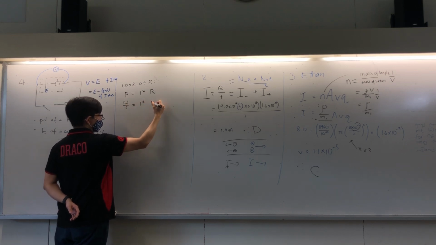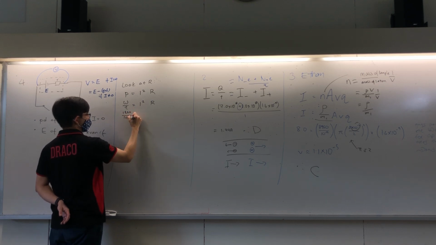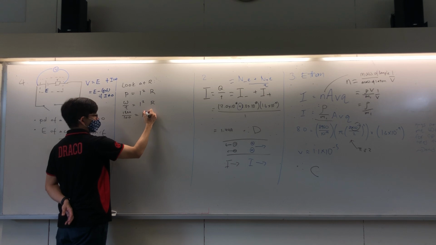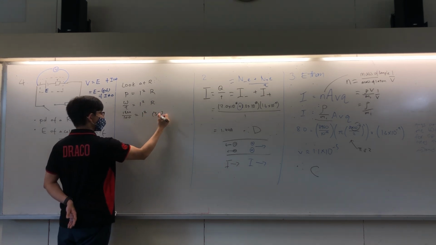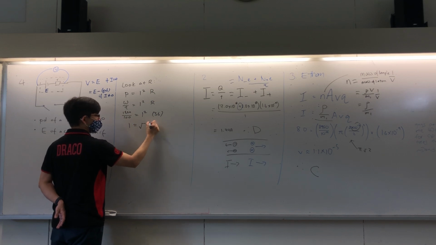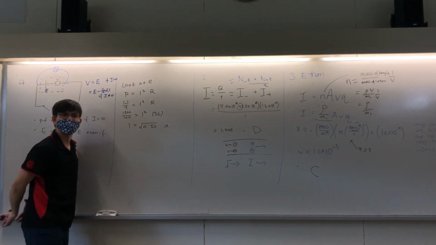And that's going to be I squared R for the resistor. And 1,800 joules is used over 100 seconds. That produces a current going through the resistor times its resistance. So you should be able to get a current of something like 0.50 amperes.